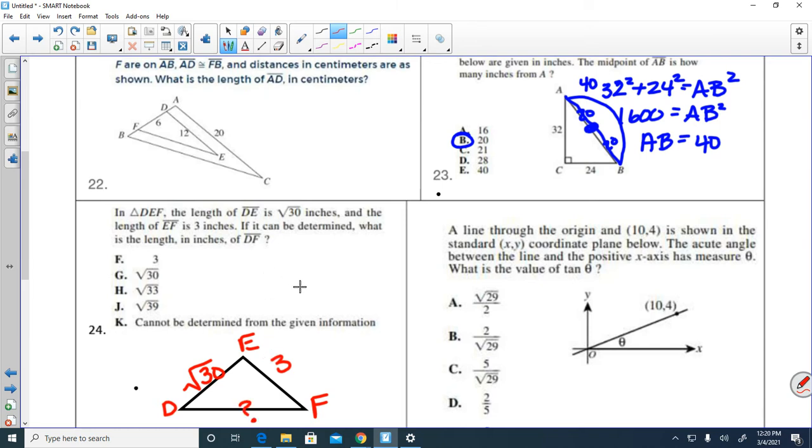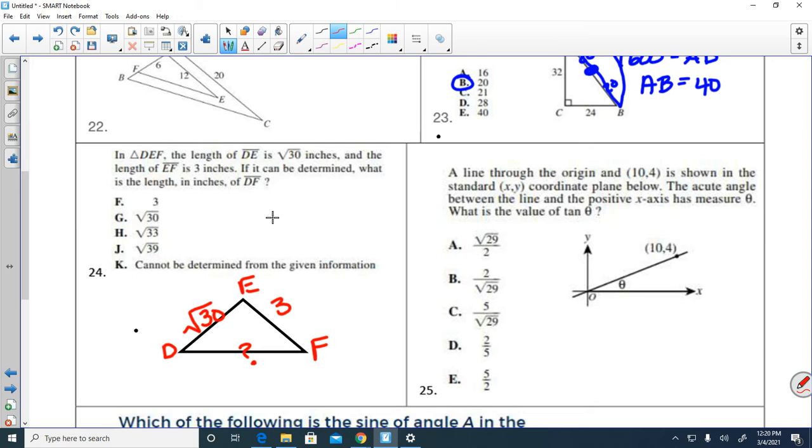So they're trying to be tricky on this one because they did not say if angle E was a right angle. So we do not know if E is a right angle.